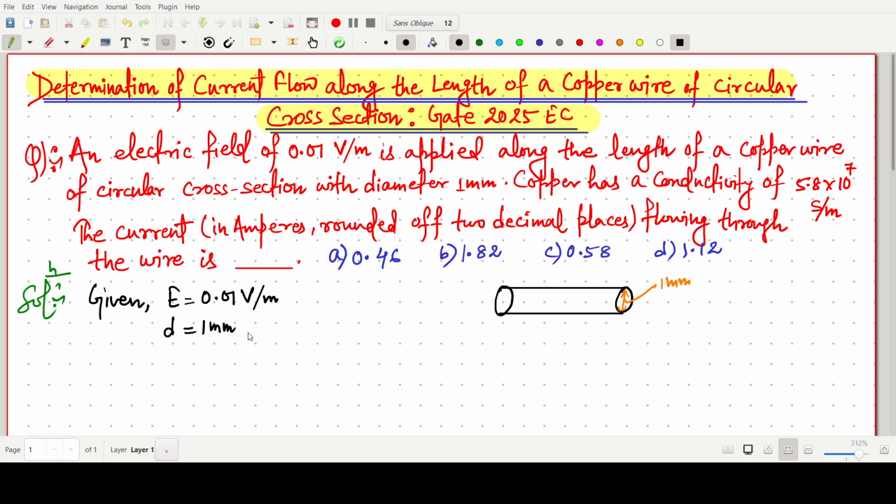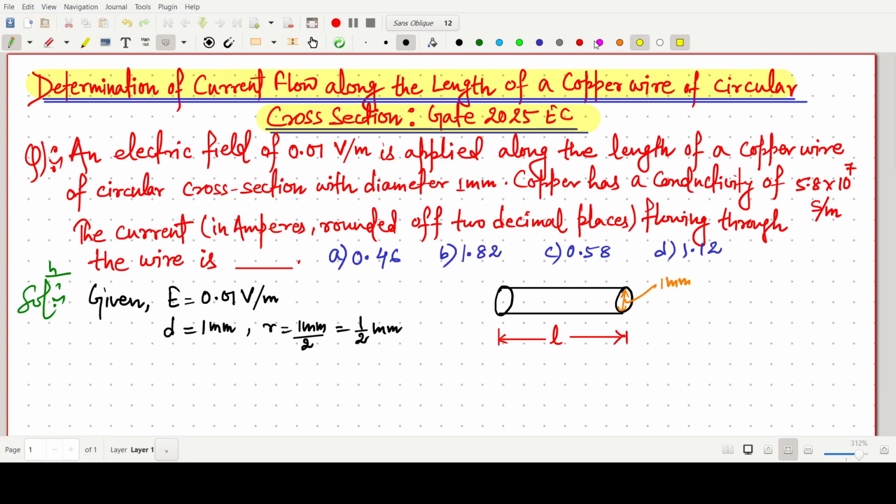So we can say the radius will be just 1 mm by 2, or simply 1 by 2 mm. 1 mm is the diameter. Along the length of the copper wire, I am assuming that it has length L. This one is a copper wire having length L and diameter 1 mm.